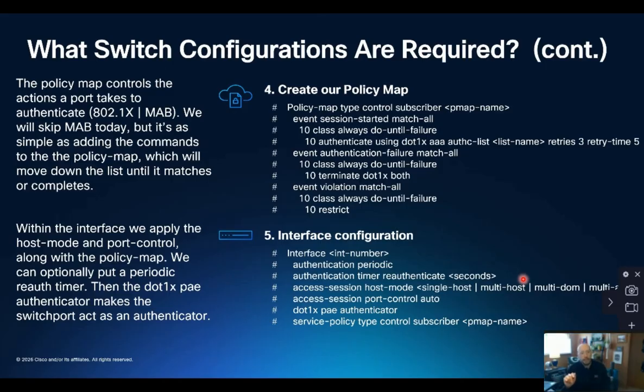There's a checkbox there that says re-authenticate. You can put a time in there too, and then it'll re-authenticate at that time frame. The ISE or radius server assigned re-authentication time will override the existing switch configuration for re-authentication, just like our radius server's VLAN assignment will override the existing VLAN assignment on the interface.